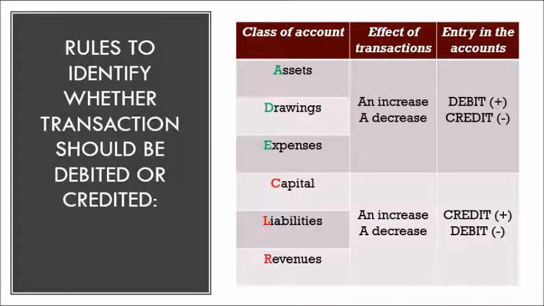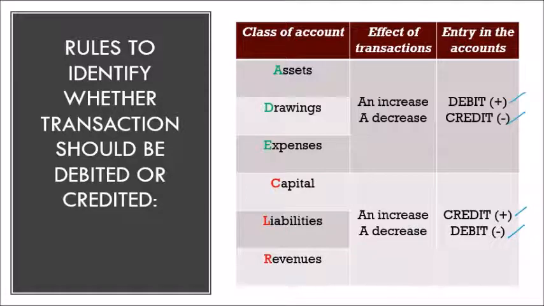Okay, rules to identify whether the transfer should be debit or credit. So this is just the same as before. You can see that the assets, drawings and expenses increase on the debit side and they decrease on the credit side. For the liabilities, capital and revenue, increase on the credit side and reduce on the debit side. It's just the same. Whether in journal or ledger, they will have the same effect.